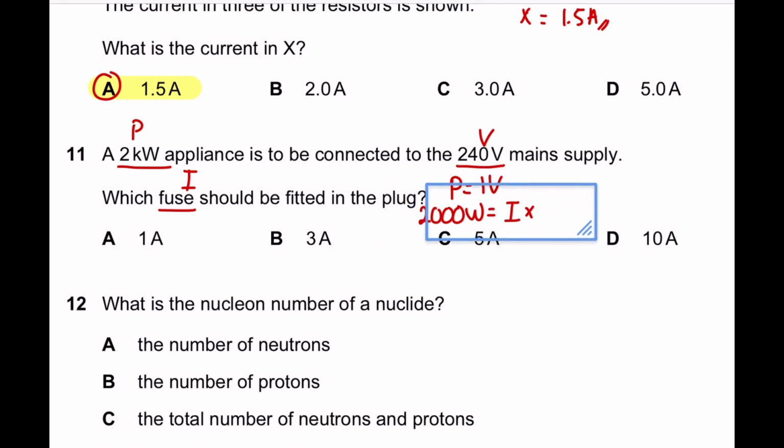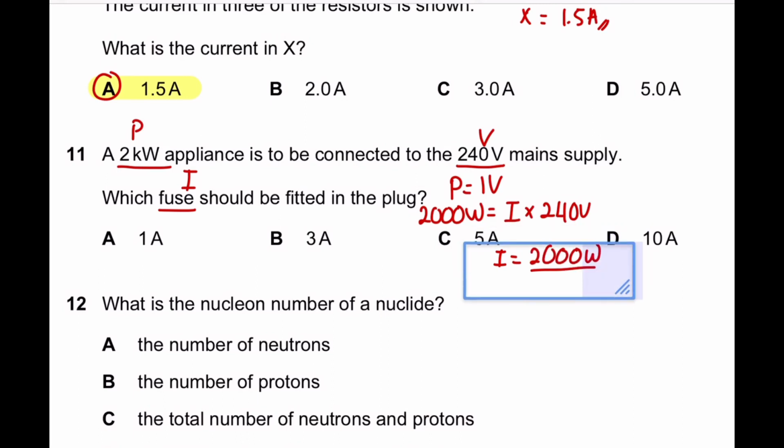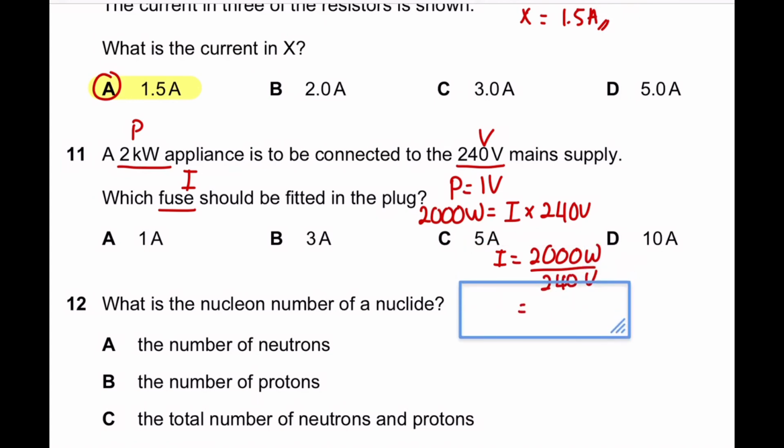We have 2000 watts equals I times V. We don't know the current, so just let I be the symbol. Then we know V. V is 240 volts. Make I the subject here, which will give you I equals 2000 watts divided by 240 volts.